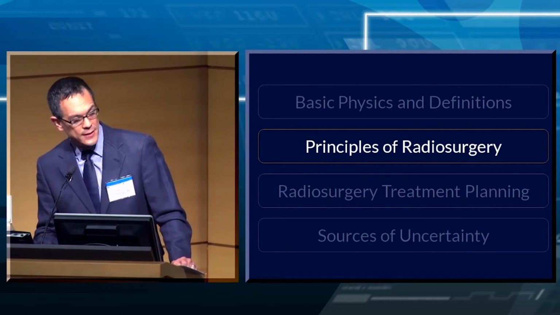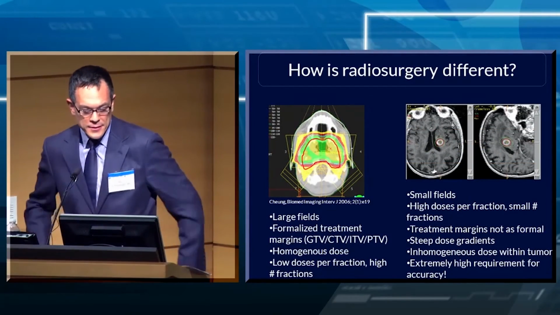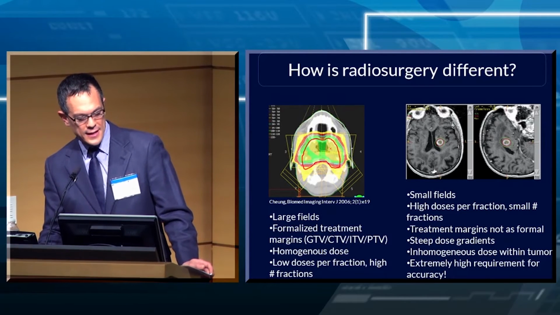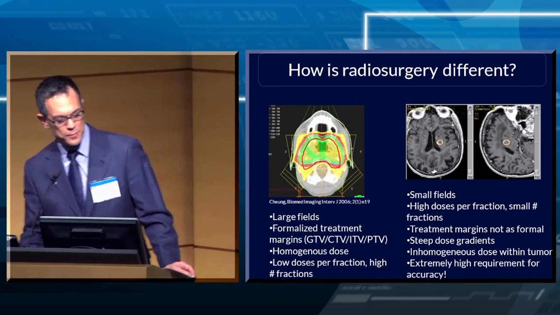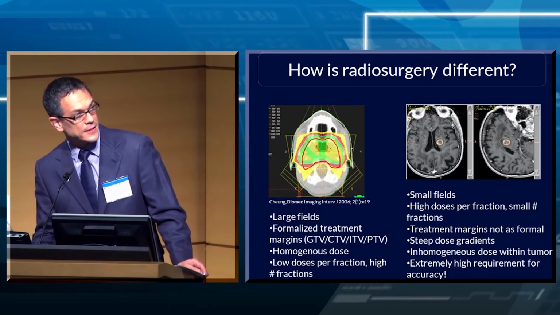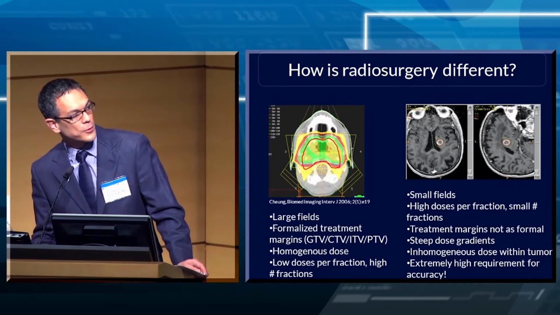Let's talk about radiosurgery. How is radiosurgery different from traditional radiation therapy? Here on this side, you see a typical broad field multiple fraction radiation therapy treatment, where you have large fields that by definition are irradiating targeted tissue and normal tissue.